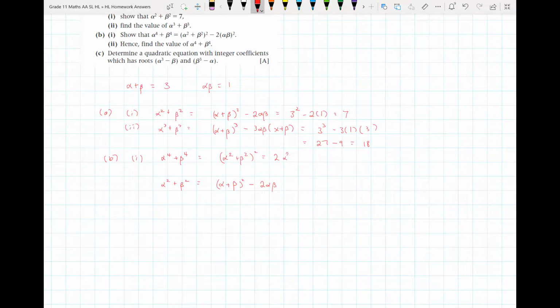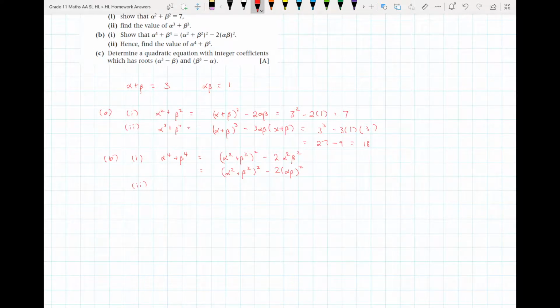So this will be 2 alpha square beta square, right? So let me just erase this. And then let's factor out the alpha beta as a perfect square. There. And then we can use this to actually solve what it is.